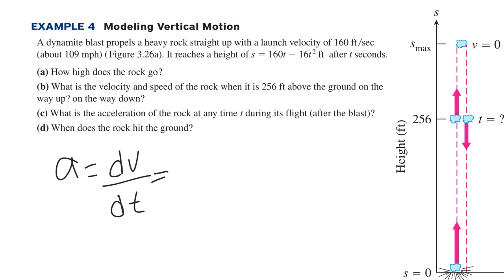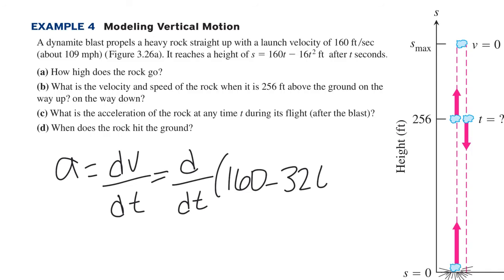And so we're going to take d/dt of 160 minus 32t. And if we take the derivative of that, we get negative 32 feet per second squared. Feet per second per second. So we can interpret that as the acceleration is negative 32 feet per second squared.